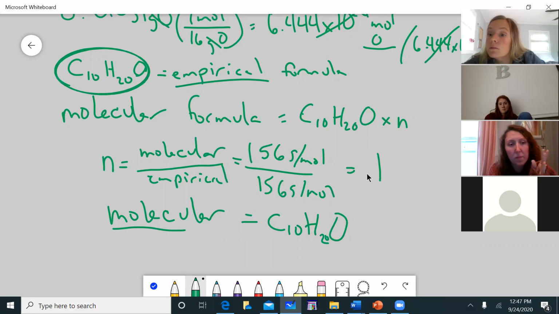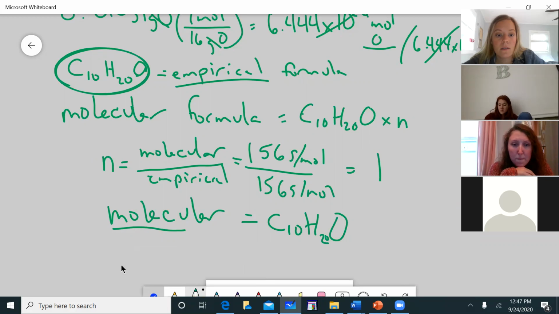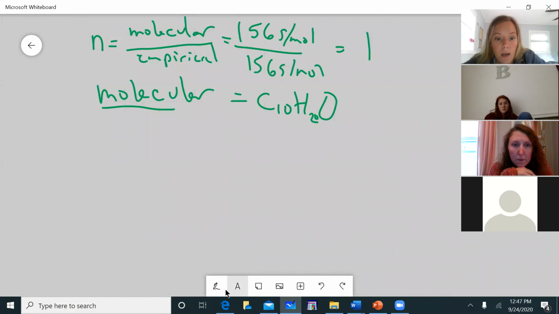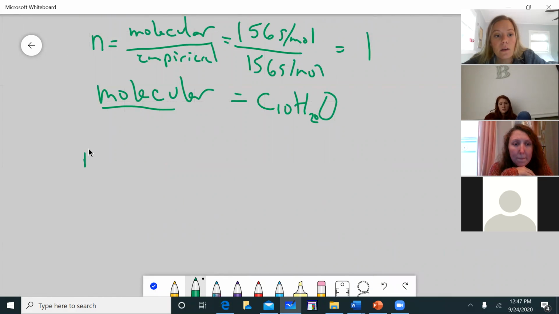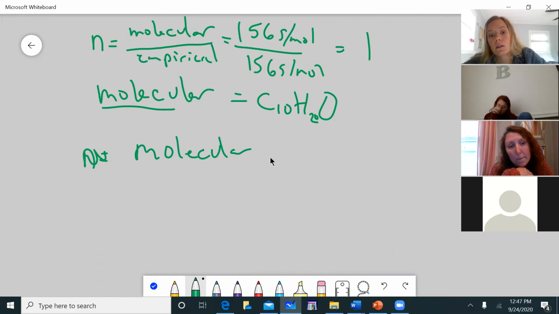What would a molecular formula look like if N equaled 2? Okay, let's do that. Hypothetically, we'll write it down here so that it doesn't ruin the work we've already got. Let's say the molecular mass, instead of being 156, was 468 grams per mole.